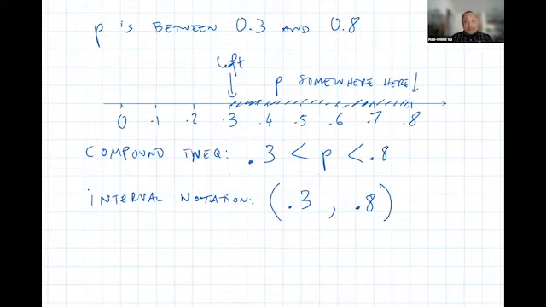Now, as an aside here, if you're in algebra, then your teacher will go through open intervals using parentheses like this, but you will also learn closed intervals, which come with square brackets, or half open, half closed. So parentheses on one side, a bracket on the other side, or the other way around.